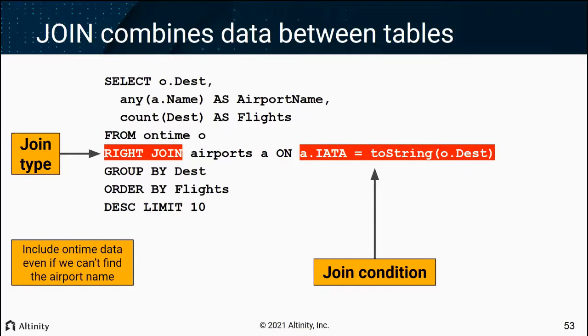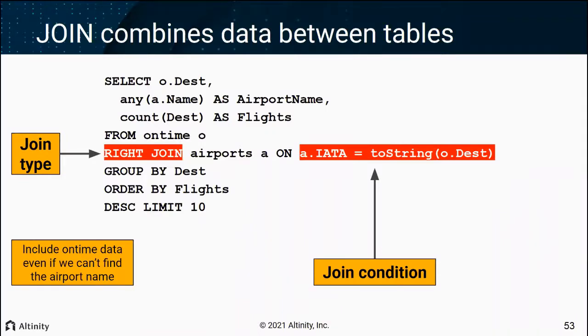This is an example where we're counting up the number of flights to particular airports, and we'd also like to show the airport name nicely. So we're going to join on it, and in this example the data types are not quite the same, so we have to do a little bit of a conversion. And then we have a join type.